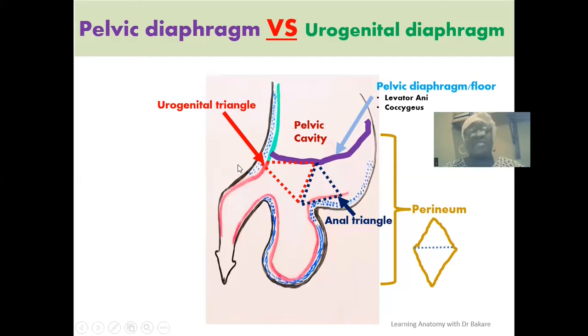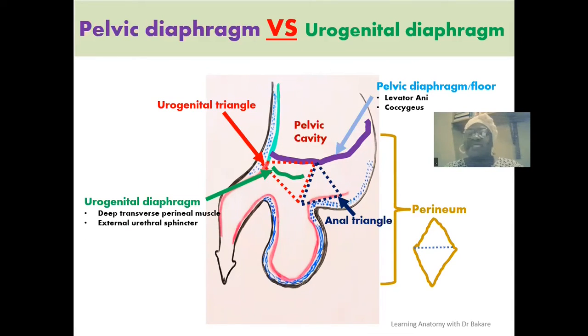So within this urogenital triangle is where we have the urogenital diaphragm, and this is what is highlighted here in green. This urogenital diaphragm is limited to just the urogenital triangle. This urogenital diaphragm, arrowed at this point, is also structurally made up of muscles. So we have the deep transverse perineal muscle and also the external urethral sphincter.